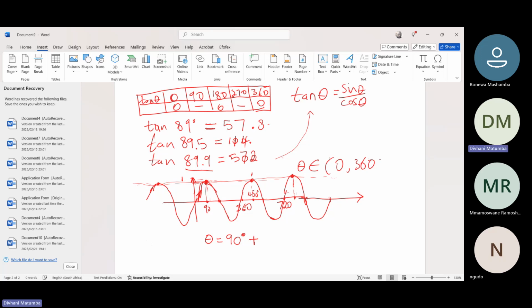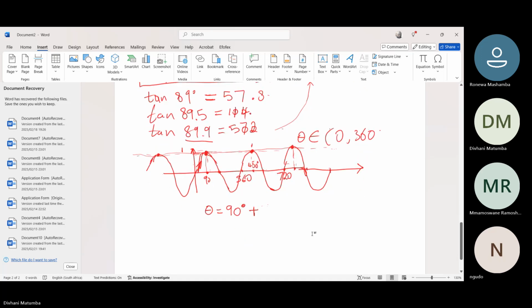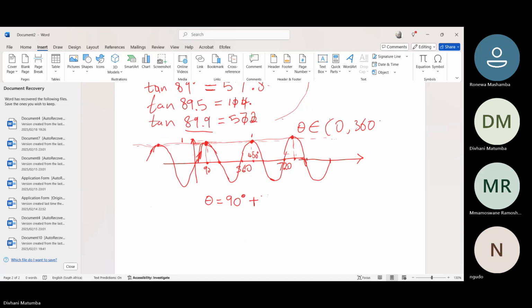From here to here, how many degrees do I have to travel? So do you mean from 90 degrees to 450? Yes. 360.